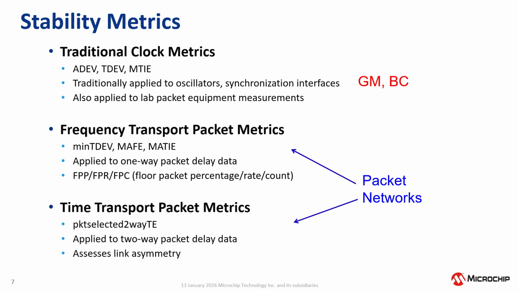In the case of time transport, the time error is the central calculation, and often packet selection is involved, which will be shown in some later slides. Importantly, the time error is a means of assessing link asymmetry.